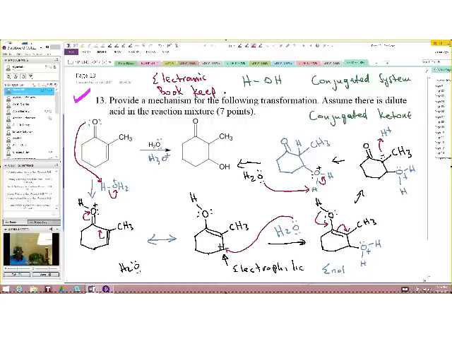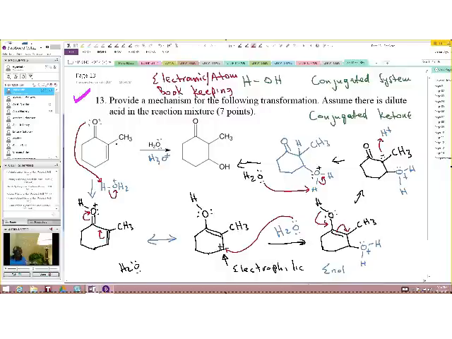Everything in the molecule you need to account for, because the question they're giving us is to explain how we got this by the reaction of water in the presence of dilute acid, starting from this molecule. So this is one way in which we get to know to what extent students know their organic chemistry. Anyway, so this is all about reaction mechanism.